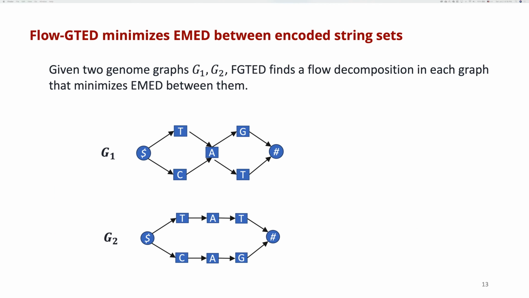To account for this limitation of GTED, we propose flow GTED. We show that flow GTED can be defined using a similar definition as GTED, in that it finds a flow decomposition in each graph that minimizes EMED between them.